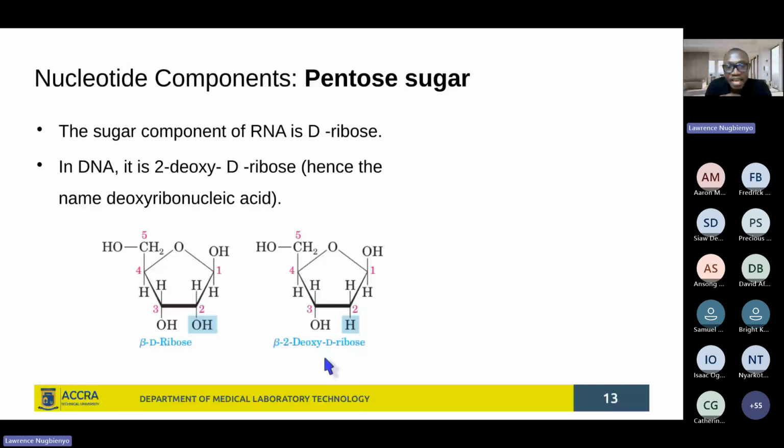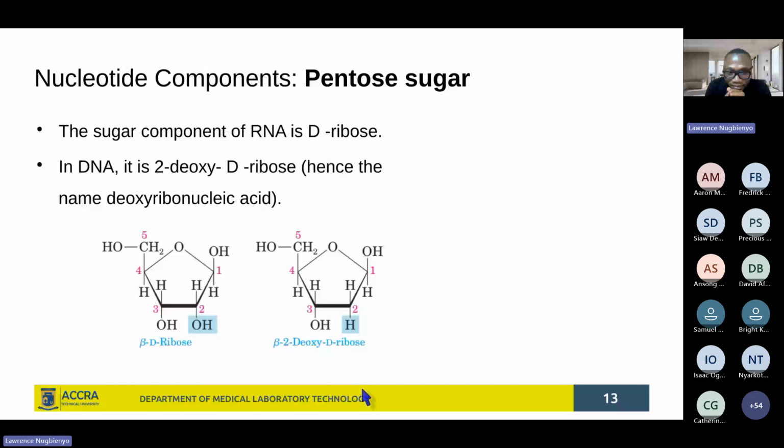In RNA, listen to the name, ribonucleic acid, RNA. Ribo is coming from the sugar, ribose. And DNA, deoxyribonucleic acid. So there too, the name deoxyribonucleic acid is coming from the sugar deoxyribose.